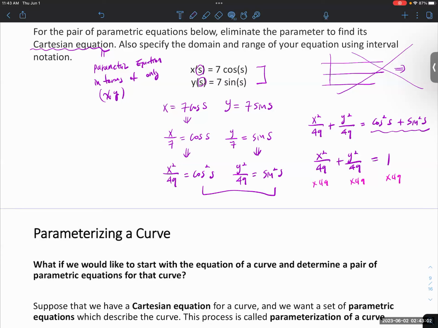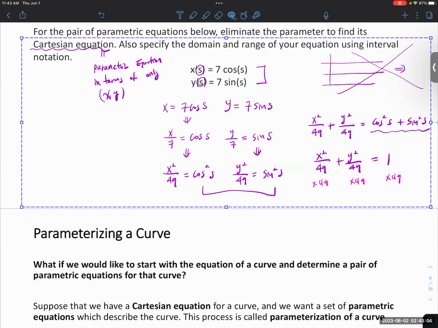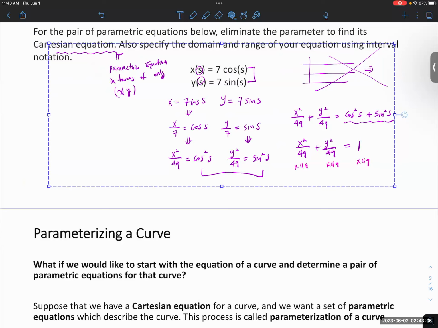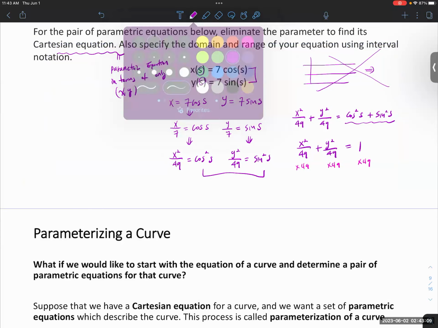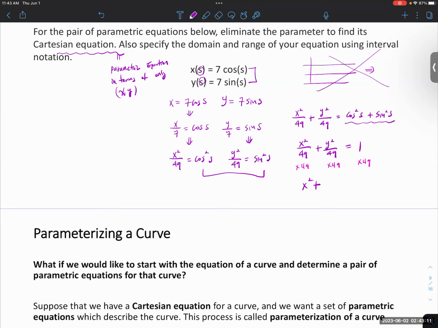So what are you going to get? Let me minimize a little bit. Then this is going to be x squared plus y squared equals 49. So this is your Cartesian equation.